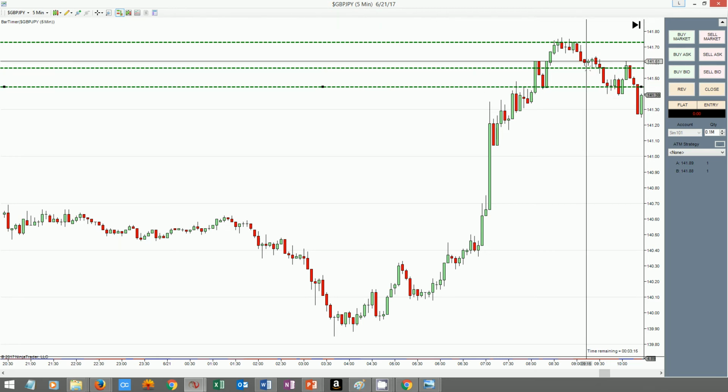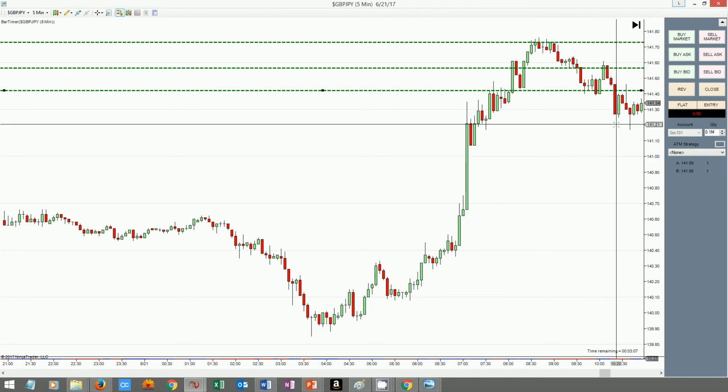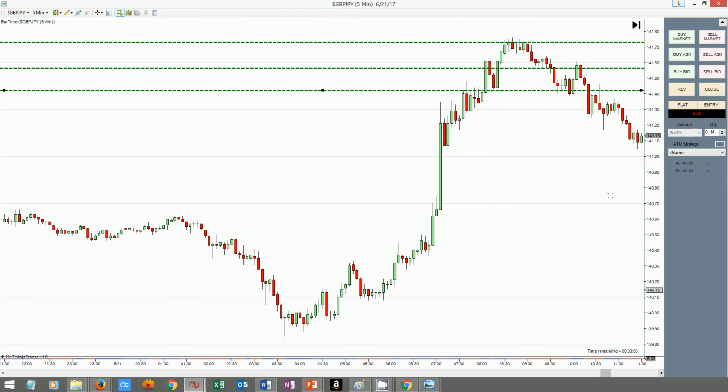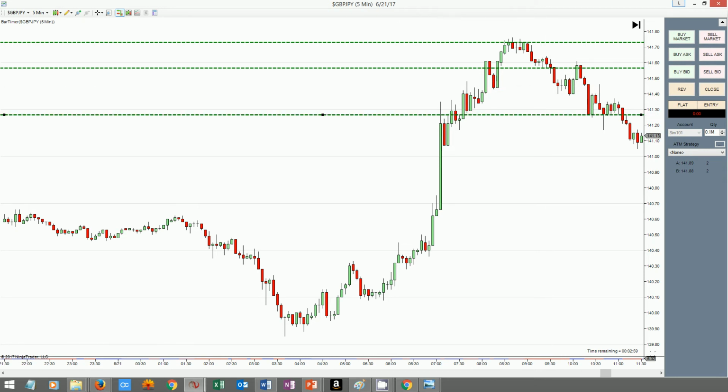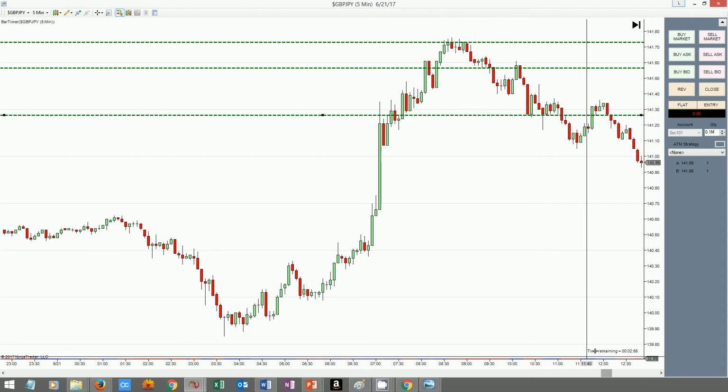That was old support, new resistance. Boom, right here. See that? Broke off this line. Broke off this line, came back, and boom, sold off. Okay, volume has definitely dwindled, so stop trading. Okay, let's look at another pair.